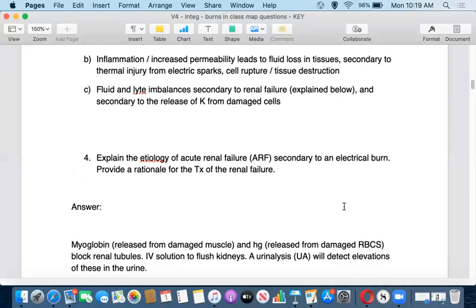So whether it's thermal or whether it's from electrical injury, you could have large amounts of muscle damage, releasing large amounts of myoglobin. This gets caught up in the renal tubules, as we've talked about in other units, and this causes acute renal failure. If you're lucky enough to get it early enough, you can flush this out with IV solution before you have some kind of intrarenal failure or permanent damage.